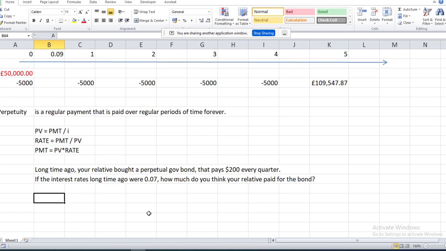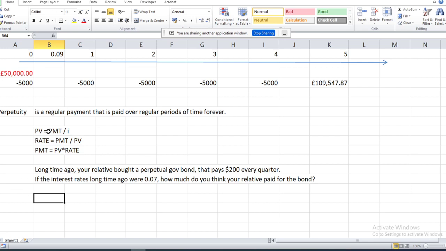If the question is how much your relative paid for the bond originally at the beginning of the investment, a long time ago, which of these three numbers do we have to calculate? Is it PV, PMT, or the rate? How do you guys think? The PV. Yes, thank you very much. That's the PV. And again, for perpetuity, that's the only subtopic where Excel doesn't give us any hints.